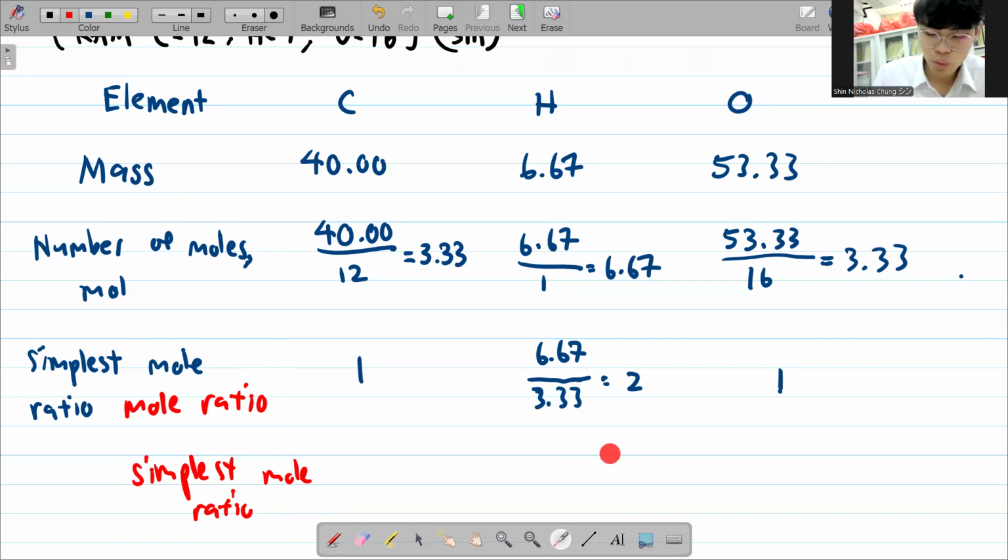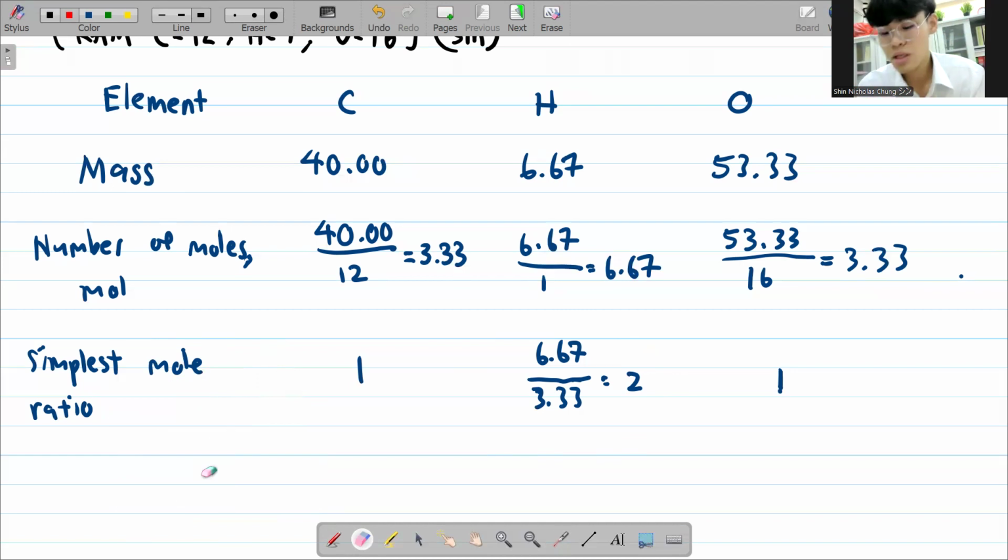Because empirical formula says they want the simplest whole number ratio. That's why at some point we put mole ratio, then we put simplest mole ratio. But in this case, we can just directly put our simplest mole ratio, because after we do our division, we get whole numbers.